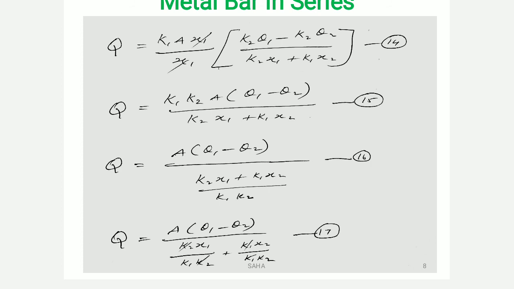So Q is equal to A into theta 1 minus theta 2 divided by k2 x1 plus k1 x2 divided by k1 k2. Then in the down position, we can split the value because k1 k2 is common for both, so we can simplify the equation.